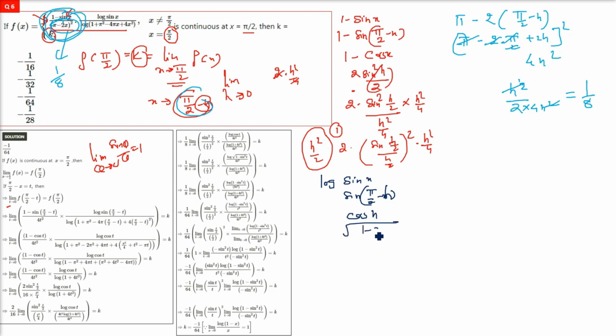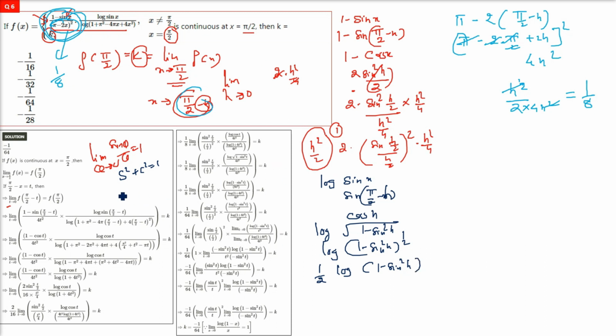So cos h is under root 1 minus sin square h, because sin square theta plus cos square theta is 1. Now log: there will be log of under root 1 minus sin square h, and under root is simply power raised to half, and in log the half power always comes outside. So half log 1 minus sin square h.